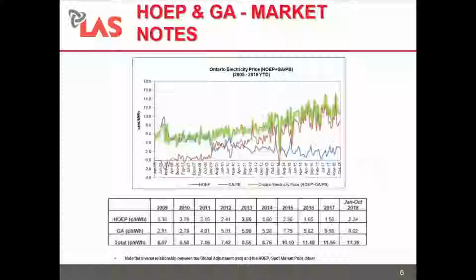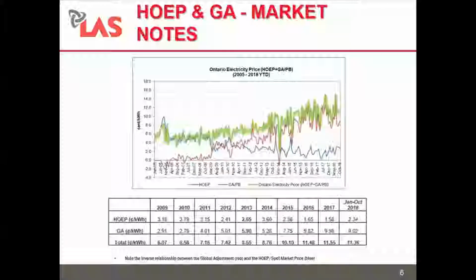And this chart just gives you a general idea of how the spot market rate, HOEP, has been changing over the years, and also the global adjustment. At the bottom table you can see the total charge for electricity in Ontario, that's the total HOEP plus GA.